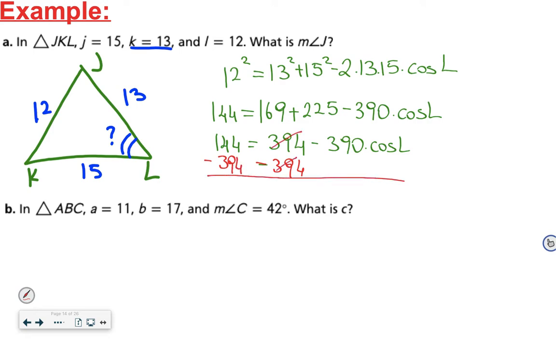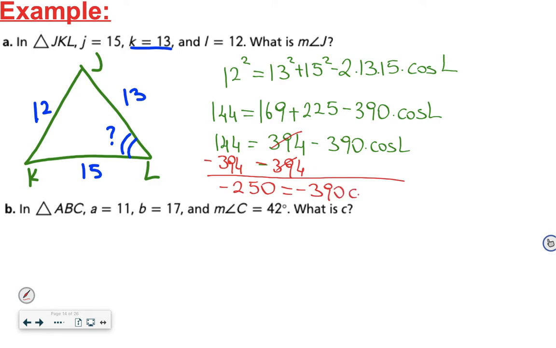You will get 144 minus 394 equal to negative 250.